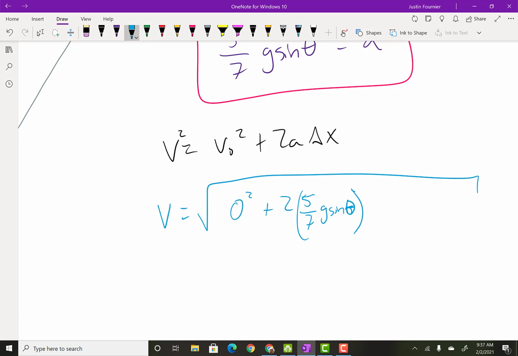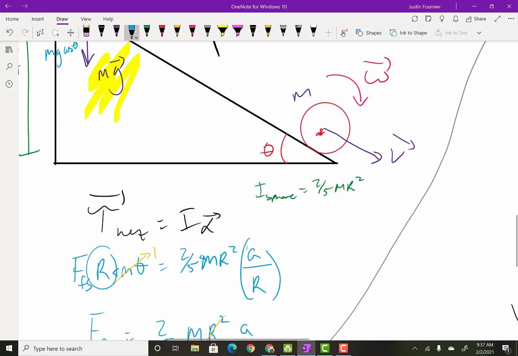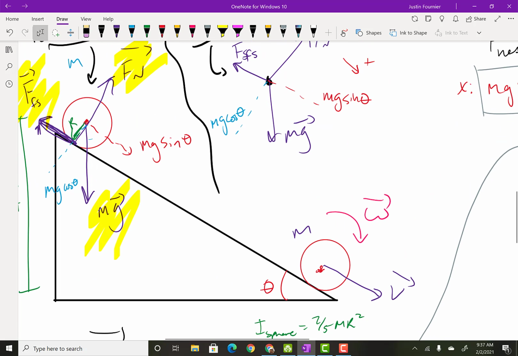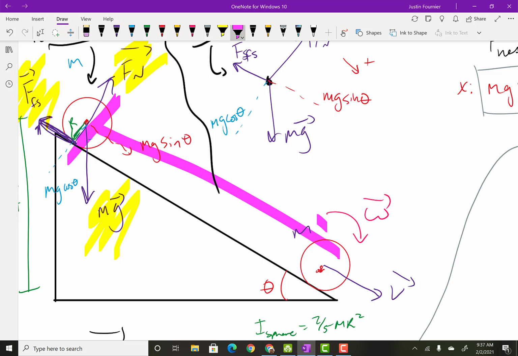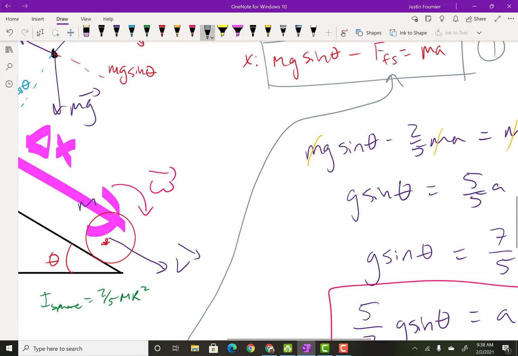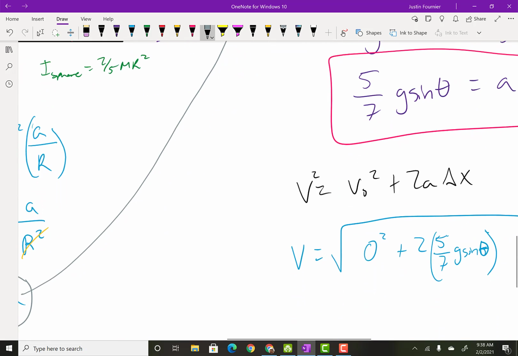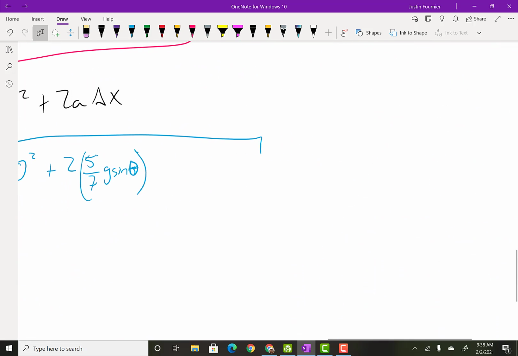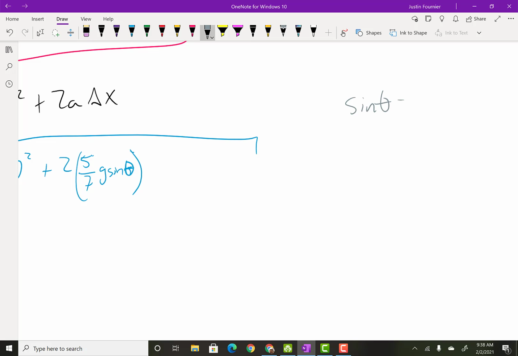But now I need to figure out what delta x is. The distance traveled, delta x, is going to be from here to here. This is the height, h, so I can use a little bit of trigonometry. Here's my angle theta, so sine of theta is h over delta x.